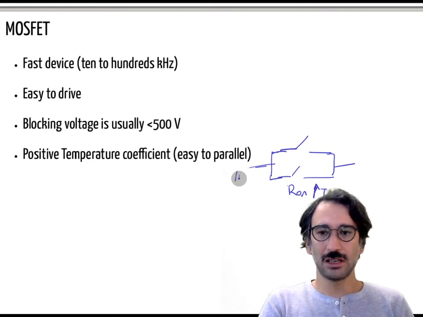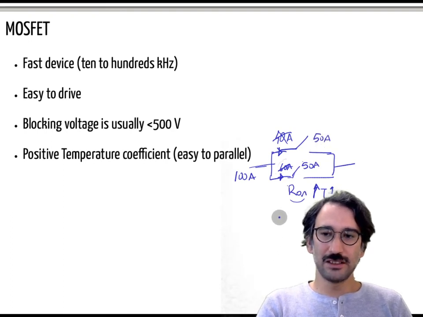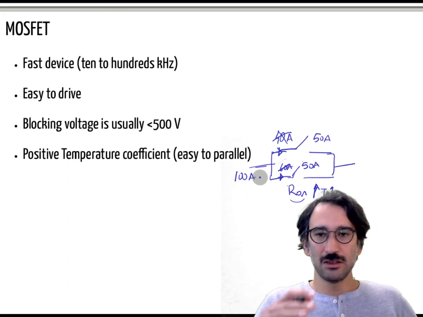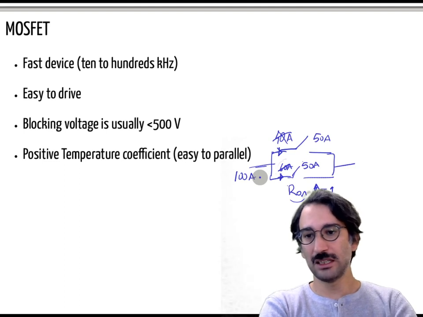So for example, if you are giving 100 amps, and you cannot make sure they share the current equally, at first maybe they have 40 amps and 60 amps of the same MOSFET, and because of that the temperature will rise, and that temperature will increase the turn-on resistance, so it will put some pressure to reduce that current, and the other will increase its own current. So there's a feedback mechanism, so it is usually easy to connect two MOSFETs in parallel in order to get a higher power rating.